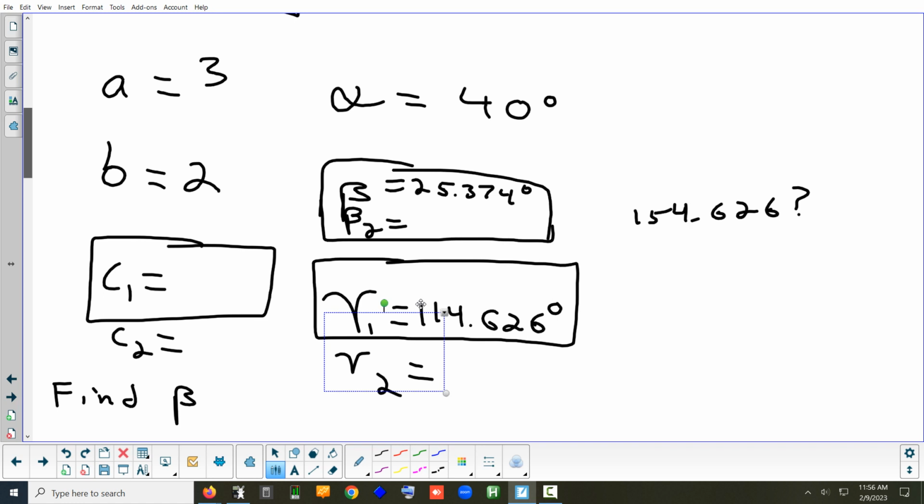Gamma 2 would be 40. In this case, 40 plus 154 adds up to too much. So that's why there is no second answer in this one. So I'm not going to write those down.